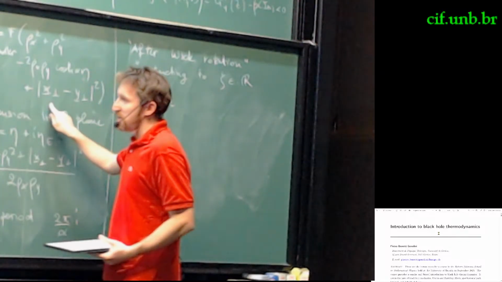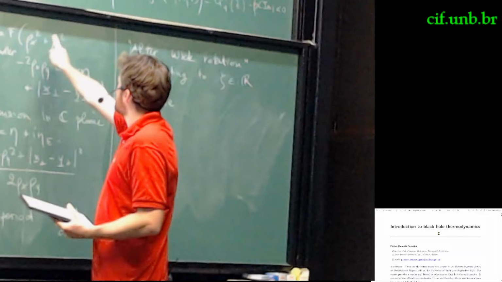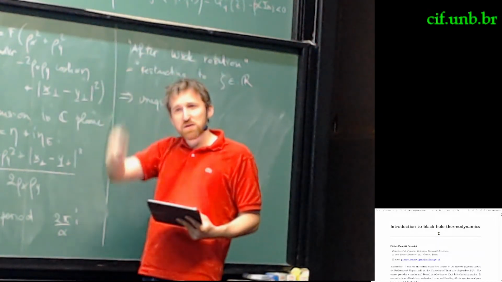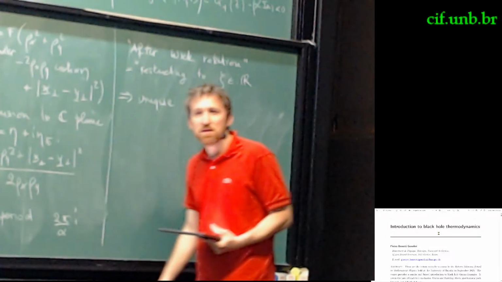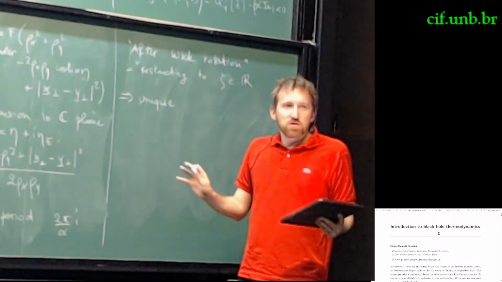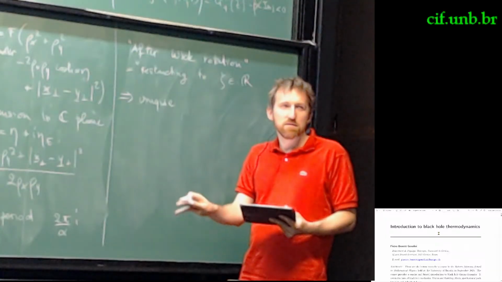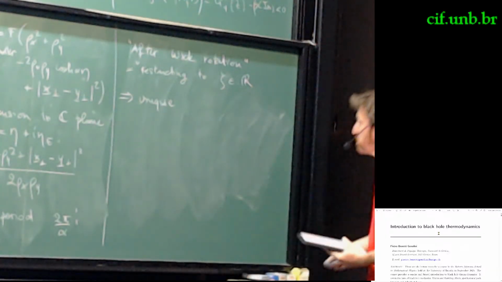In Rindler coordinates, it looks like a weird operator with some weird function of cosh alpha eta. But if I look only on the imaginary line, then you'll notice that this change of coordinates, rho sin, rho cos, is just a polar change of coordinates. So it's a change of coordinates that we know just maps Euclidean to Euclidean, plane to plane. So it's again the Green's function on the plane.